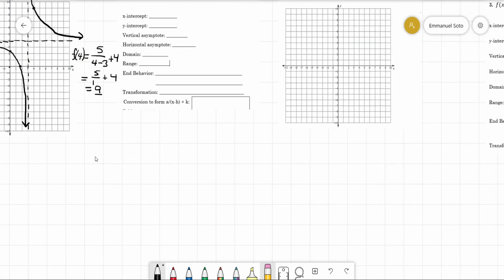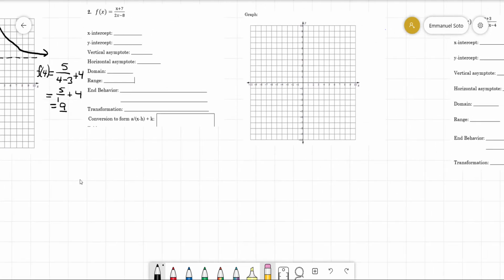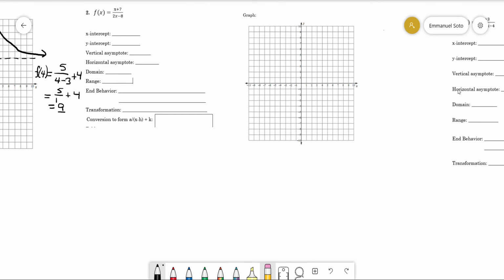Now we're going to take a look at 2, and we're going to repeat the process. So let's do the x-intercept. Again, that's when it crosses the x-axis, which means y is 0. So we're going to set f of x to 0. Alright, we're interested in getting rid of that denominator.